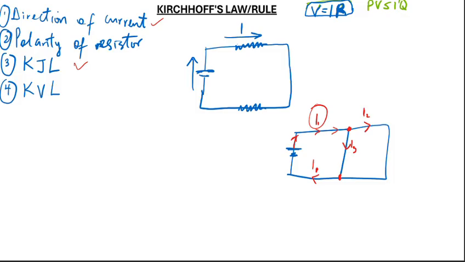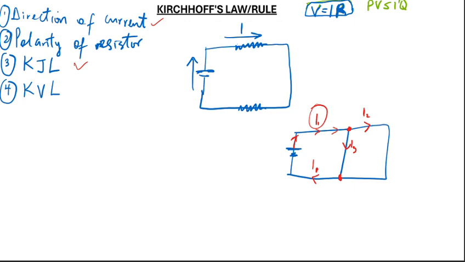And mind you, more current flows into a low resistance, and less current flows into a high resistance. They later meet at the junction at the same time, and move to the negative terminal of the battery. So that is how the direction of the current works.